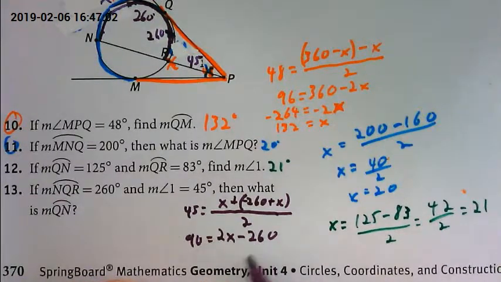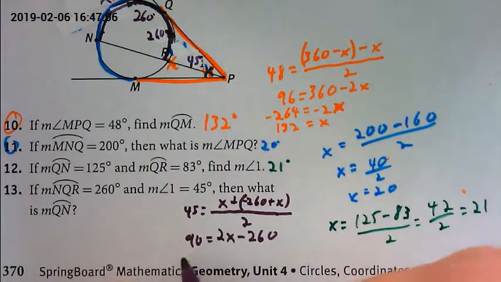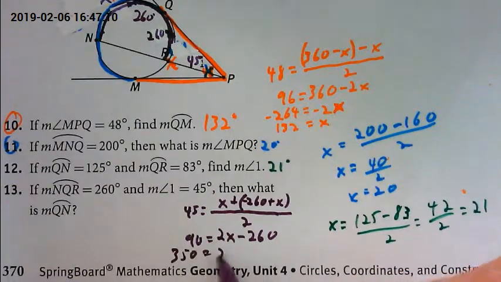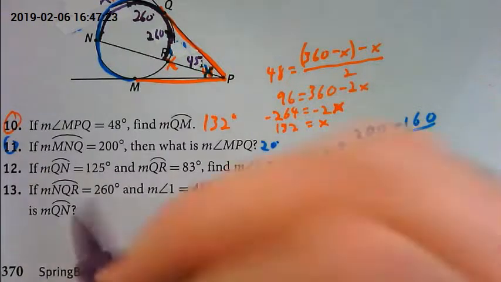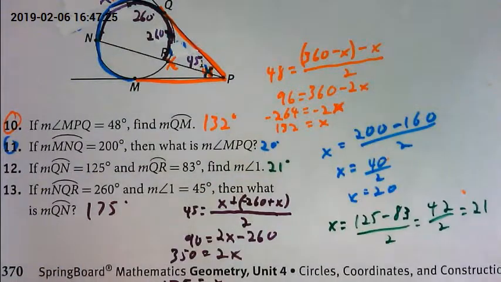So now, not minus, add 260. Add 260, and you get 350 equals 2x. Divide by 2, and that's 175. So that's our missing arc.